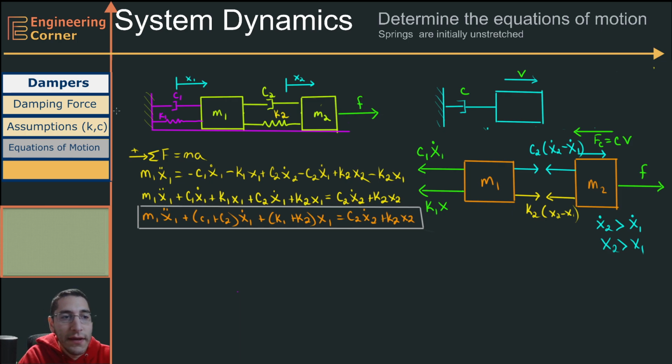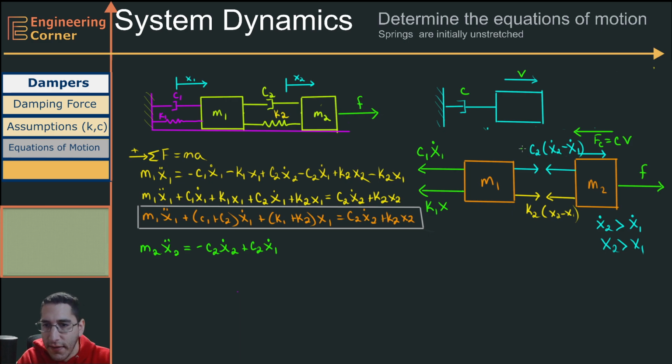So now let's do the same thing for block M2. Again, we're just going to have m2 x2 double dot is equal to, well, now we're going to have minus c2 x2 dot plus c2 x1 dot, because I'm just combining this term out.